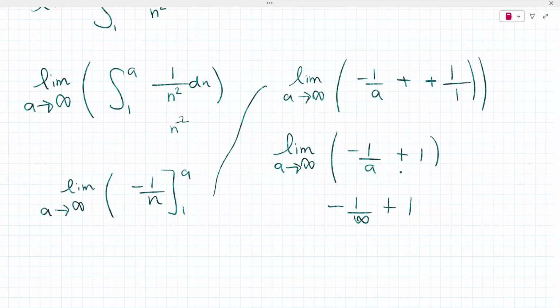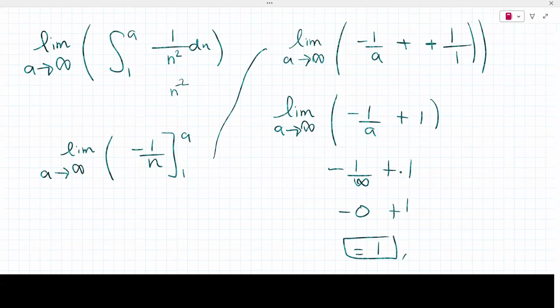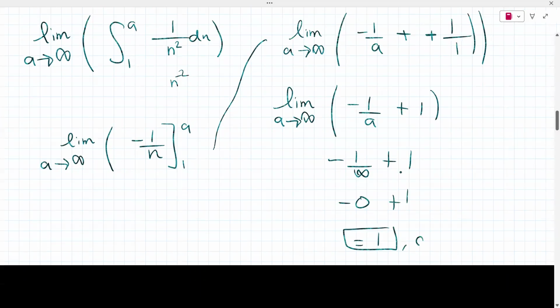And 1 over a very large number is 0, so you have negative 0 plus 1, which is now positive 1. So it's 1, and because it's a real number, it's going to converge, right? It's not infinity or negative infinity.